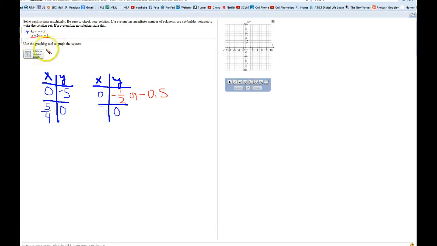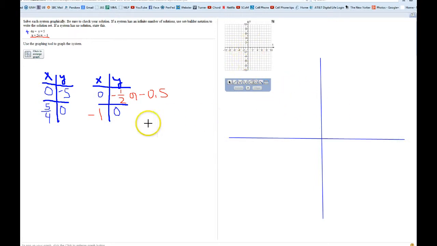And then if y is 0, x is a negative 1. So if y is 0 here, x is negative 1. Now, to plot these, and of course you have to use this graph, but I'll show you the procedure.